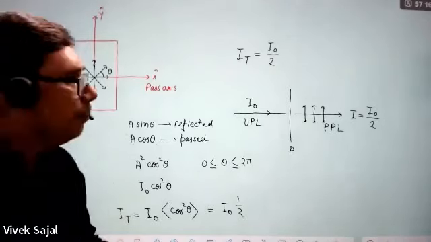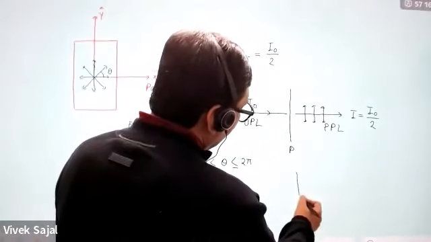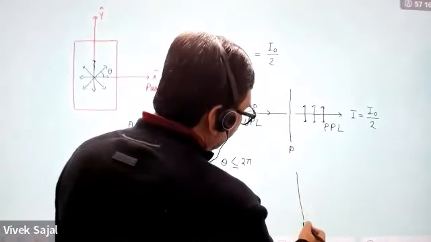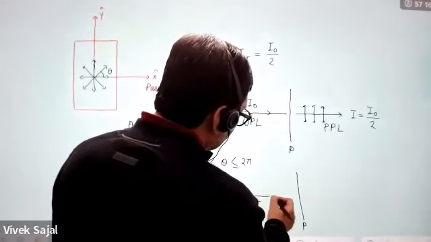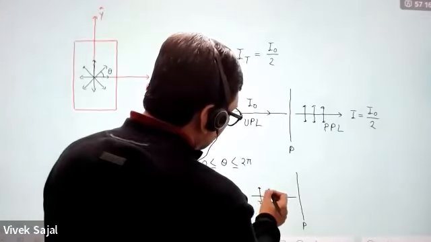And when plane polarized light is passed through this, suppose you have the same polarizer, but this time plane polarized light is incident on it.